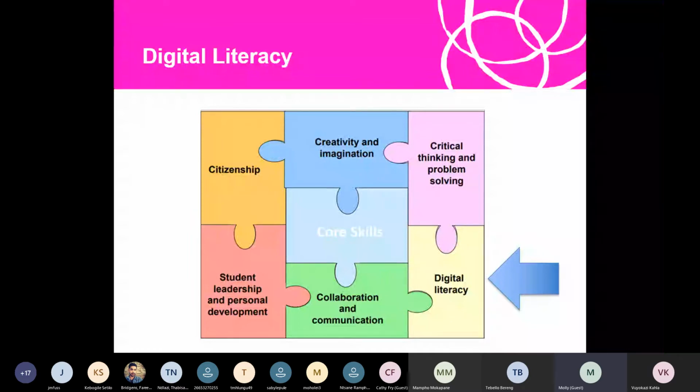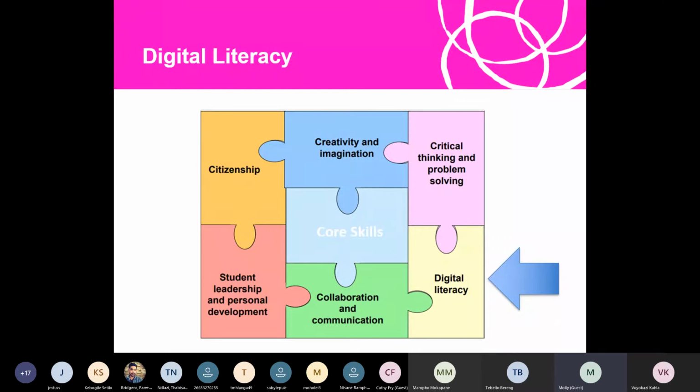But at the same time, learners need to realize that these subjects are interrelated. Just like that, the core skills are interdependent. They are not standalone. Critical thinking and problem solving without teaching communication and collaboration. So the point we want to make is that these core skills are interdependent. So I won't talk more on the core skills puzzle, because I think you understand that.